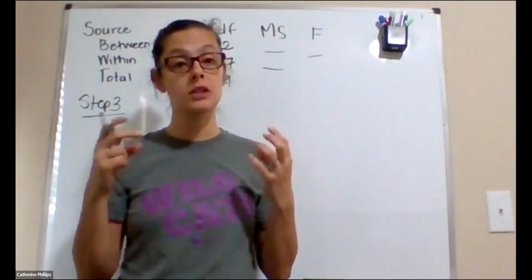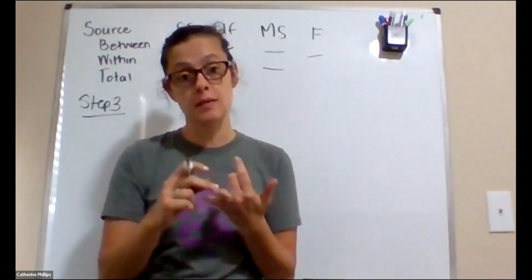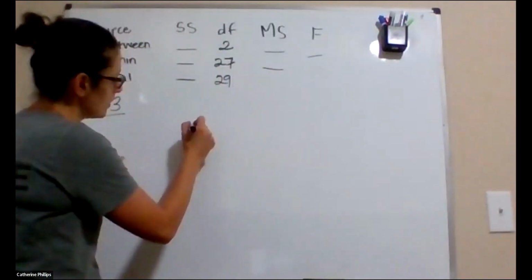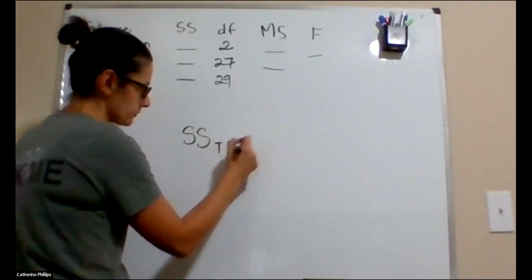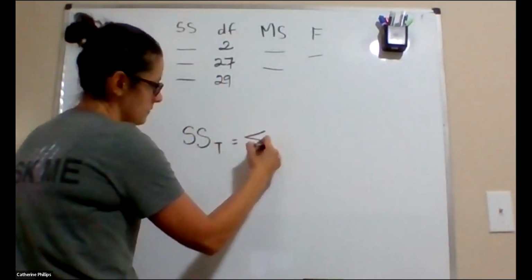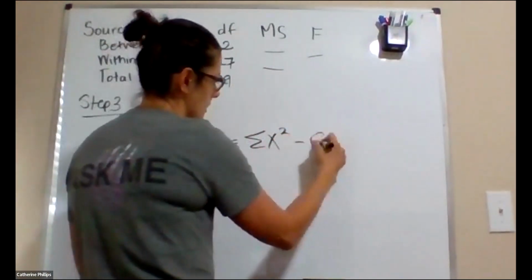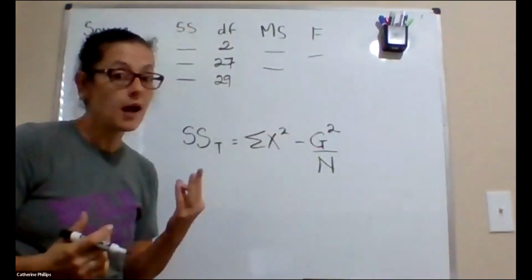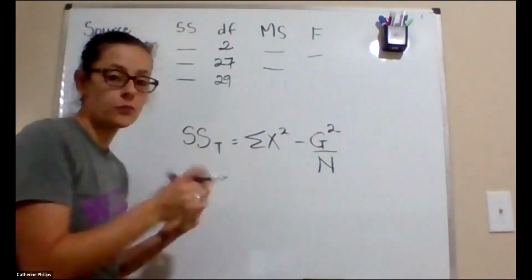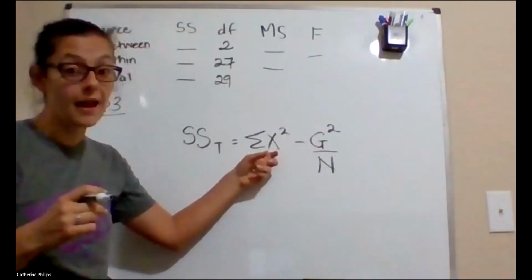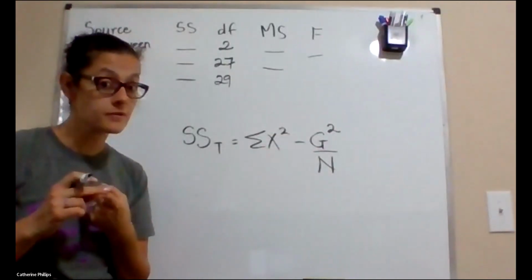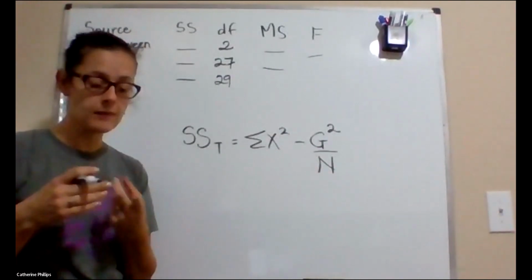And we're going to have to use sum of squares between and sum of squares within to calculate sum of squares total. Because the formula for sum of squares total is the sum of the x's squared, subtract big G squared divided by big N. But if we look at the data, we don't have a way of finding x squared. We don't have the x scores to square. We don't have the raw data.